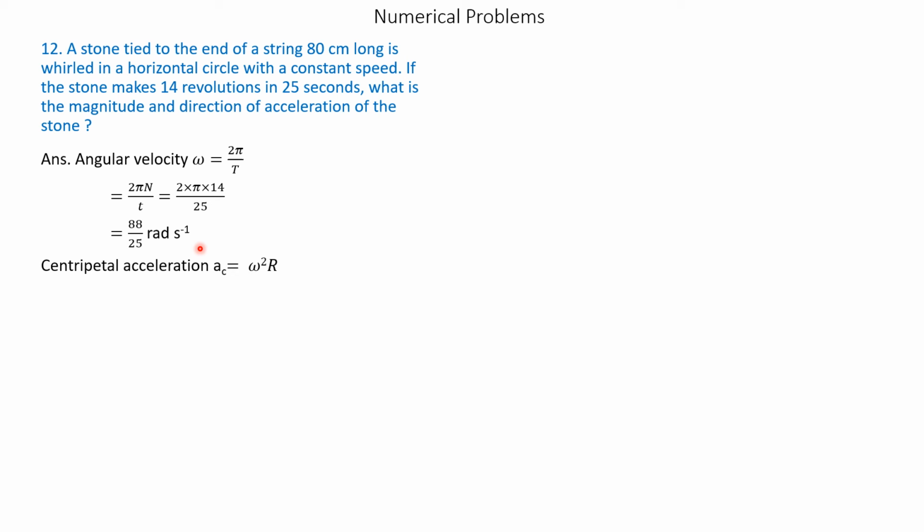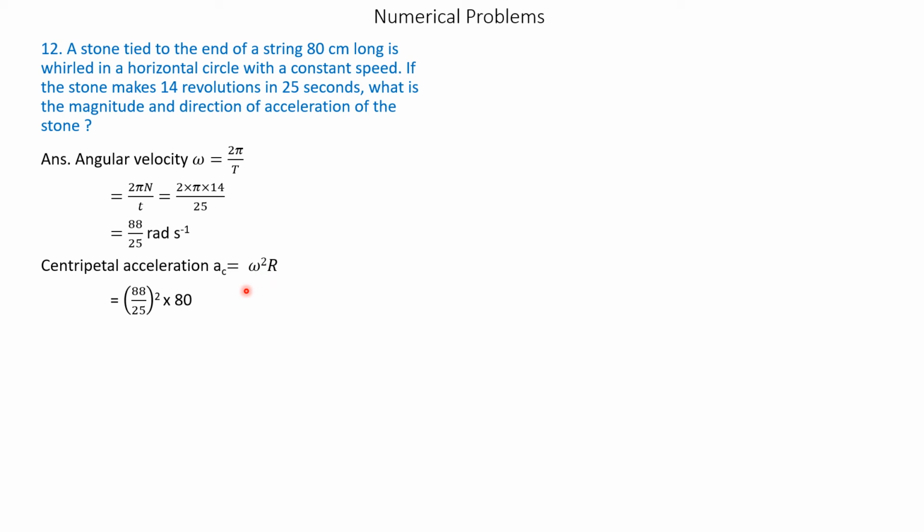Further continuing, we also know that the centripetal acceleration AC is given by the relation AC is equal to omega square into r, where AC is the centripetal acceleration, omega is the angular frequency, and r is the radius.